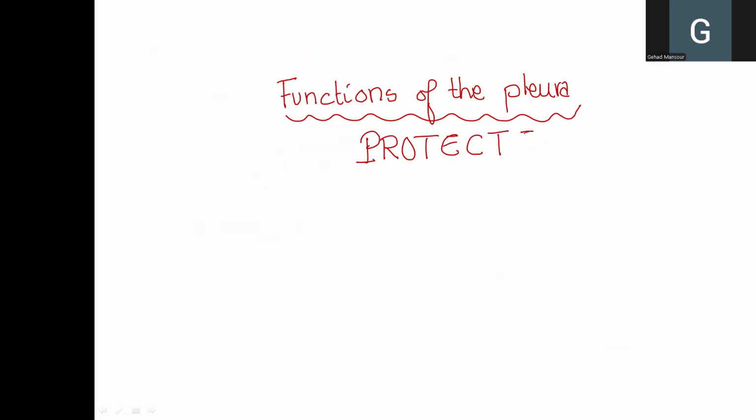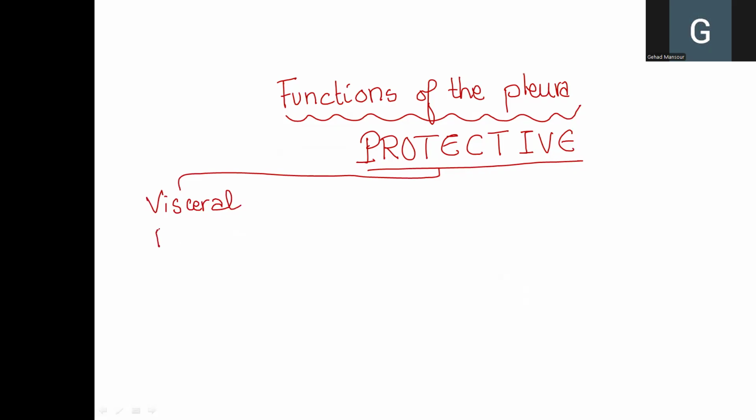And now we're going to explain several examples that show how the pleura is protective. First of all, the pleura is protective because the visceral pleura that is adjacent to the lung tissue cushions the lung.